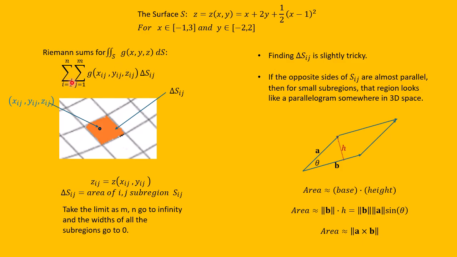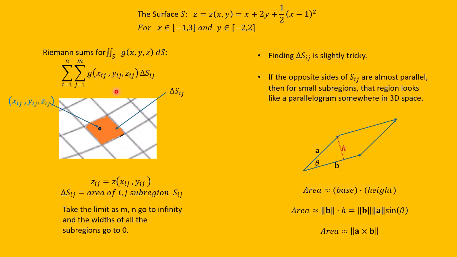The double sum over i and j of g of x sub ij, y sub ij, z sub ij times an area component, delta S sub ij. We'll take the limit as m and n up here, the upper limits, go to infinity, and the widths, or all the dimensions, maybe I should say, of these subregions go to 0. So that will define this surface integral in terms of a Riemann sum.